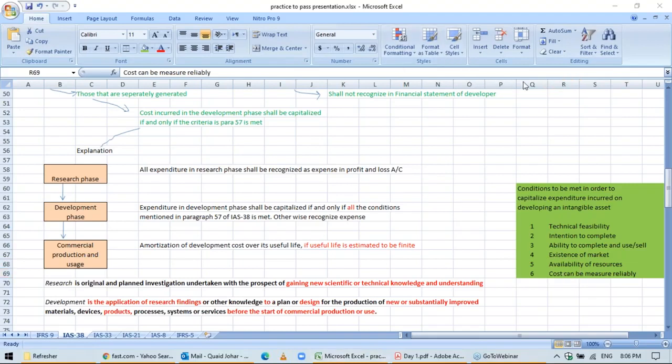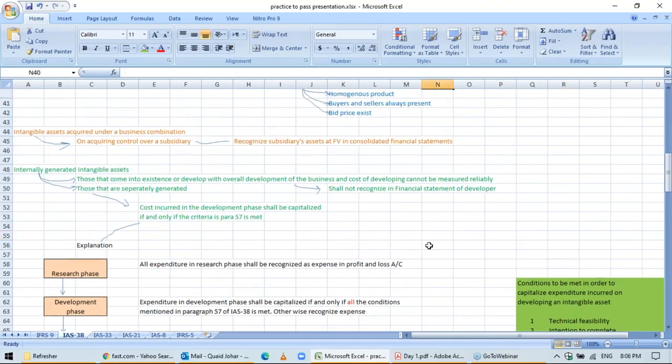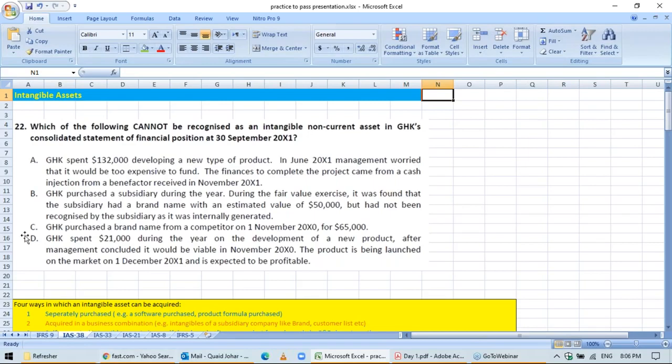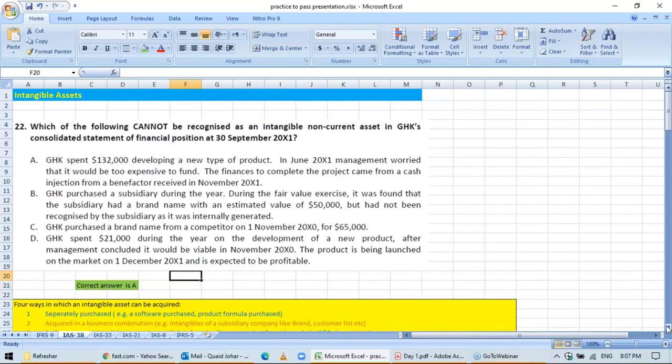So the correct answer to question 22 is A. They've asked which one you cannot recognize as an asset. So on 30th September, all conditions were not present.